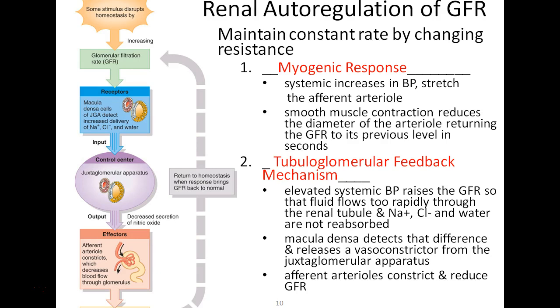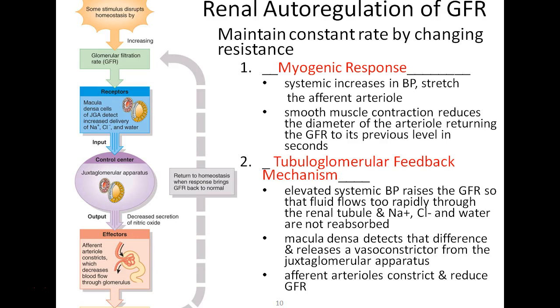The next form of renal autoregulation is going to be the tubuloglomerular feedback mechanism. And this mechanism detects increased sodium chloride levels, salt levels in other words, within the tubular fluid of the juxtaglomerular apparatus. And this is going to aid in the regulation of normal glomerular blood pressure.